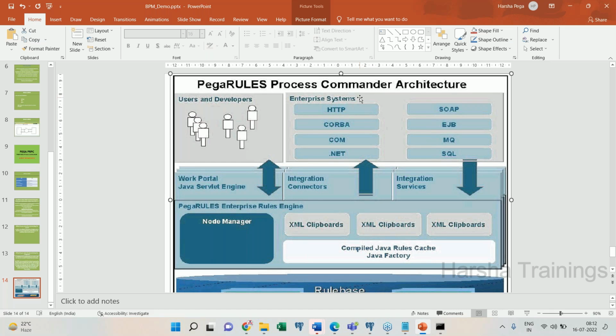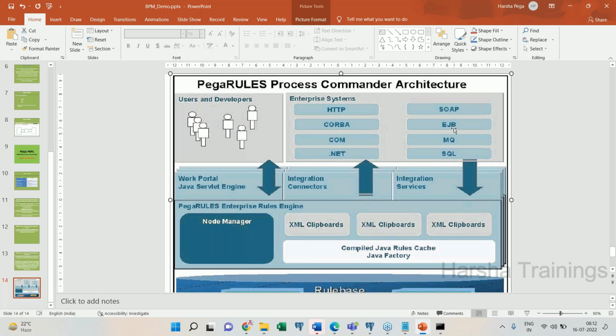So application to application communication can be established using different web service protocols. Pega supports many web service protocols available in the market, like HTTP, COM, CORBA, MQ, SOAP, REST. We'll be working on these practically. The architecture of PRPC supports web service protocols to establish communication between two different applications over the web for the exchange of information.